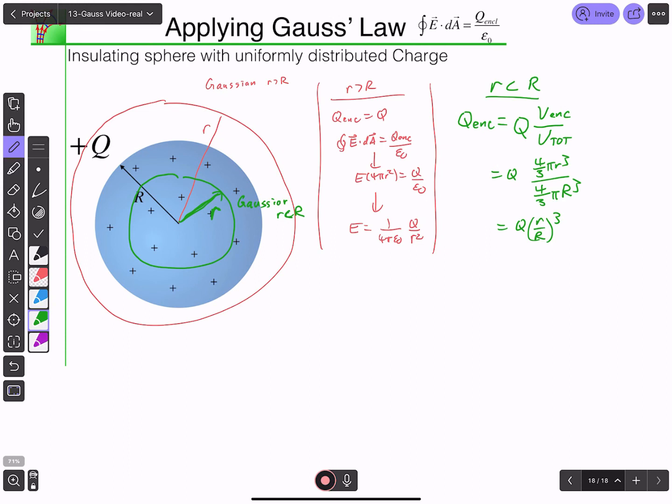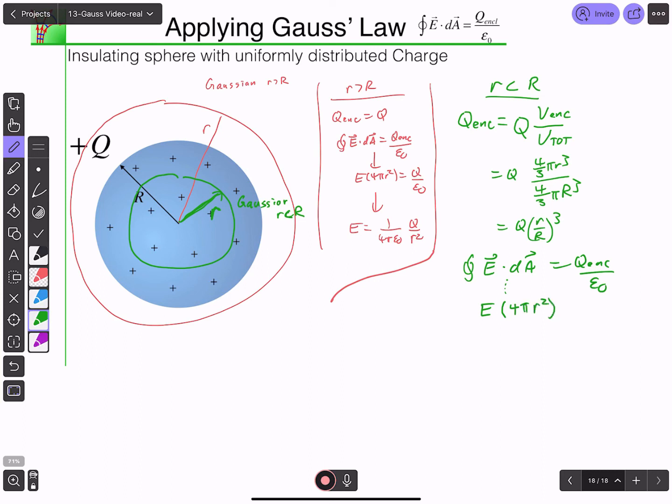Gauss's law, I'm going to move this here so that we can have some room. Gauss's law is the integral of the electric field dA equals Q enclosed over epsilon naught. So this becomes E times the area. I'll skip some of the steps. I can skip it here because I'm special, but on the exam I want you to write those extra steps.